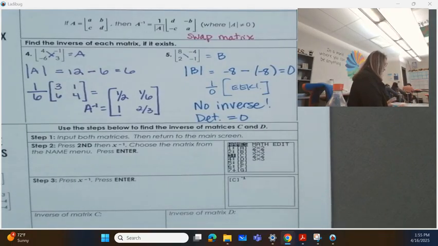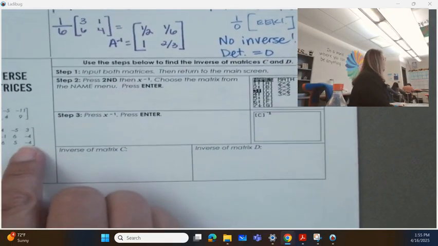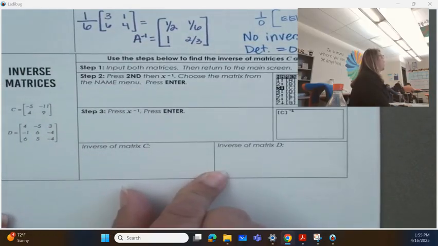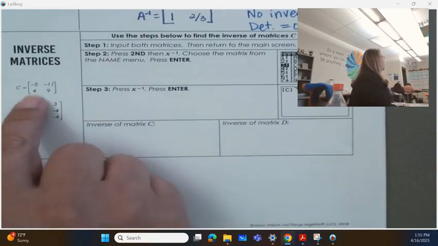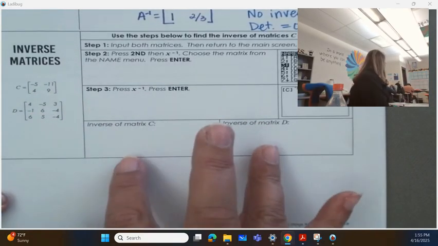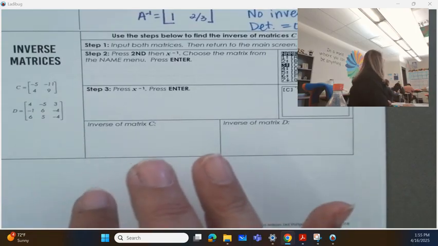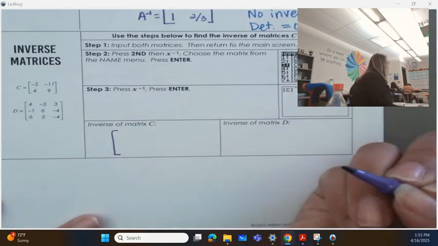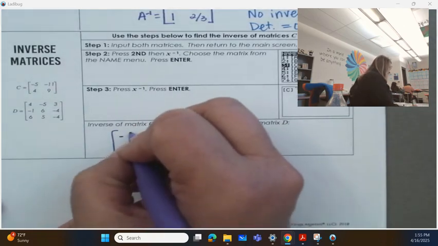So, all right. The rest of these notes are just practicing finding inverse matrices in the calculator. So if you want to practice a couple of these, like practice C and D, and make sure you can get the inverses, I'm going to put the inverse matrices here. It wouldn't be a bad idea to check and make sure you can get the right calculator steps.